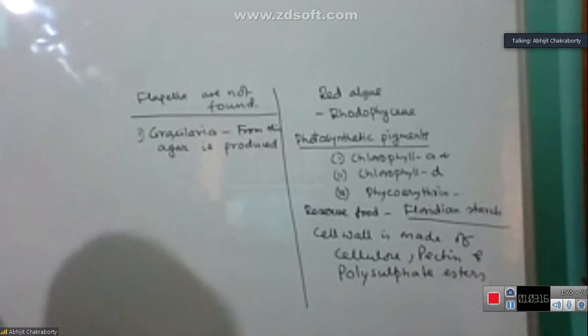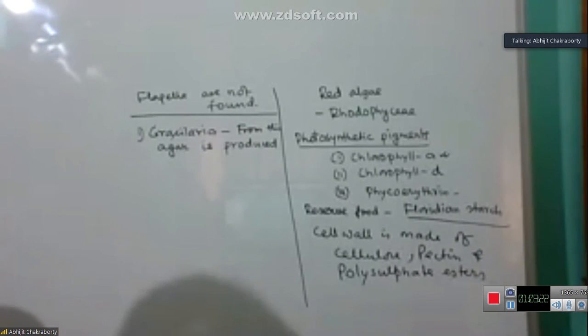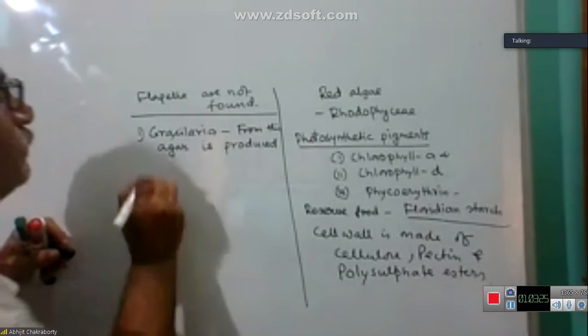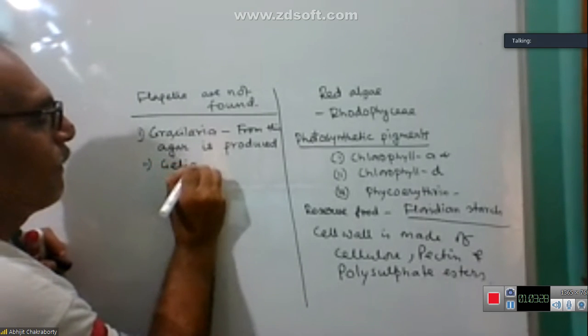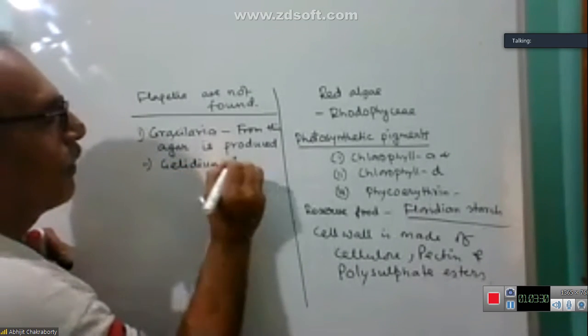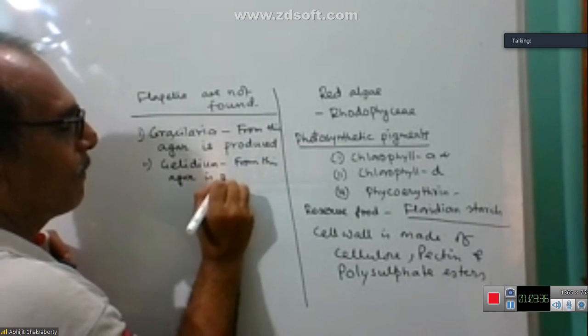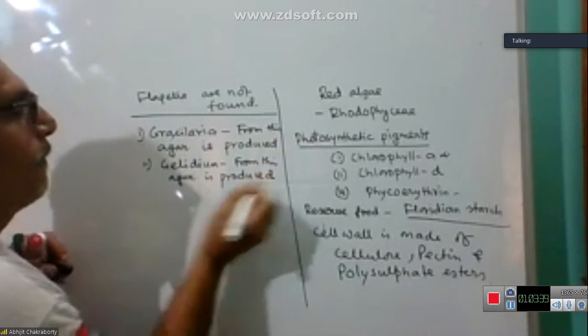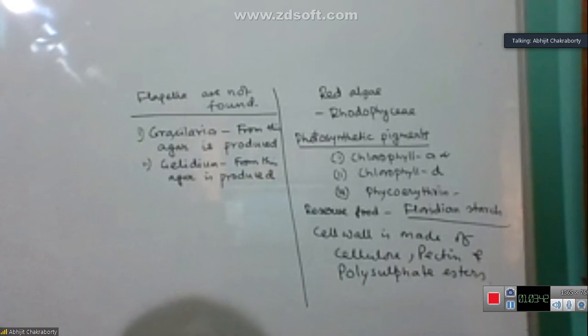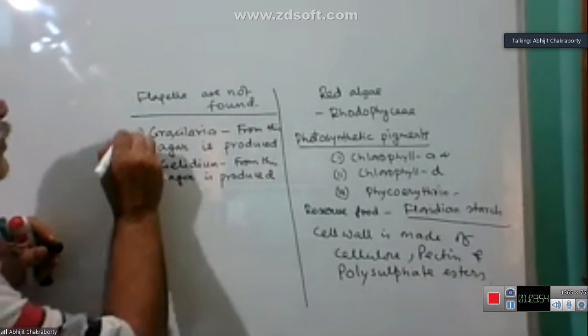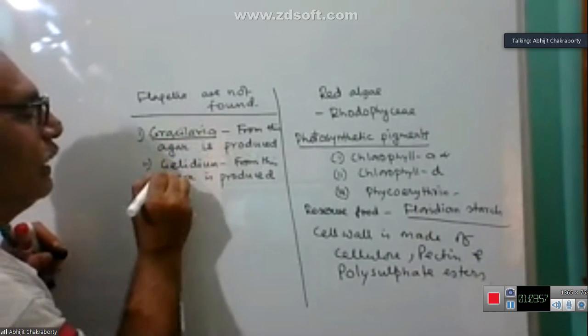Gracilaria is a red alga from which agar is produced. Remember this, the most important thing: Gracilaria, Gelidium also. So Gracilaria is one red alga, Gelidium is the other.